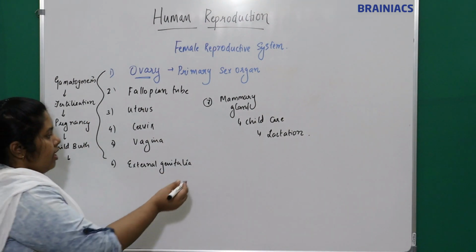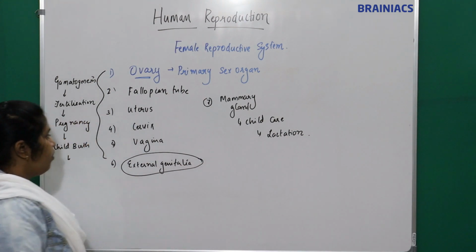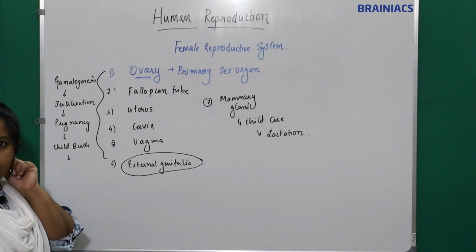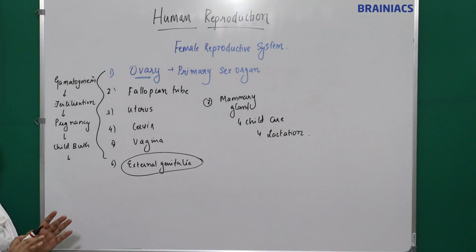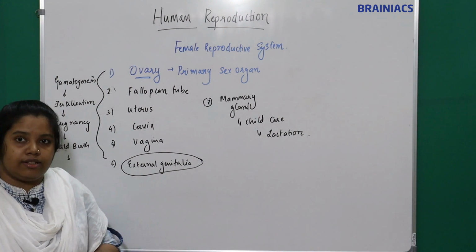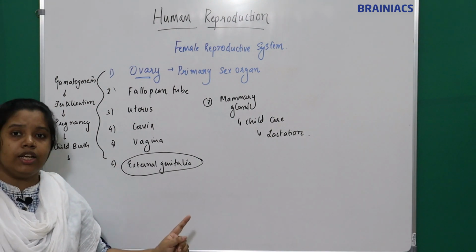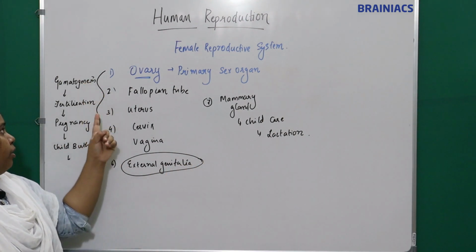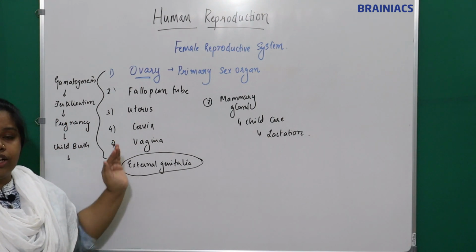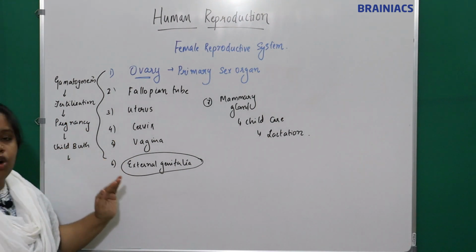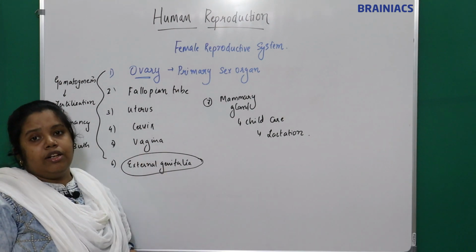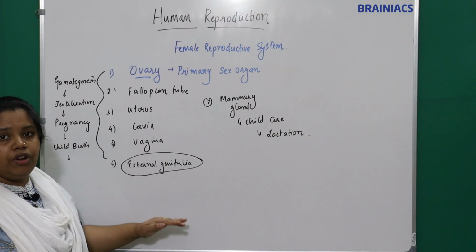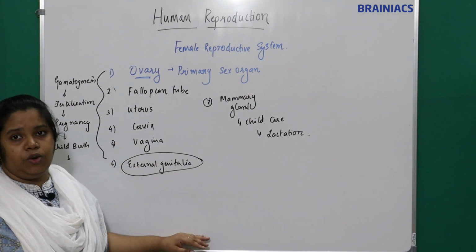Please note that the external genitalia has no role in the above functions. This is the difference between male and female external genitalia, because male external genitalia helps in the insemination process, but the female external genitalia has no role in gametogenesis, fertilization, pregnancy or any pregnancy-related events.